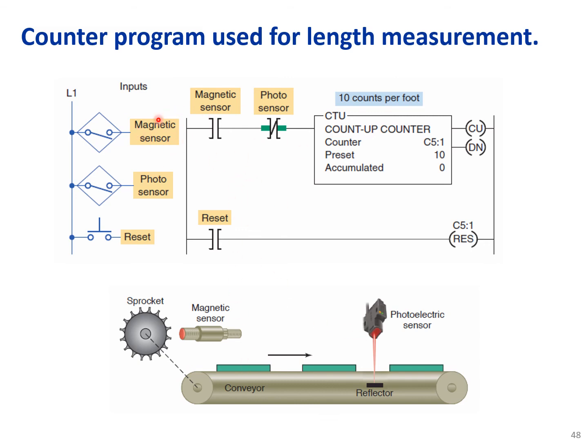We have the magnetic sensor input, and the photo sensor basically tells if there is any part or not. Once there is a part, this up counter starts to count the number of pulses coming from this magnetic sensor.